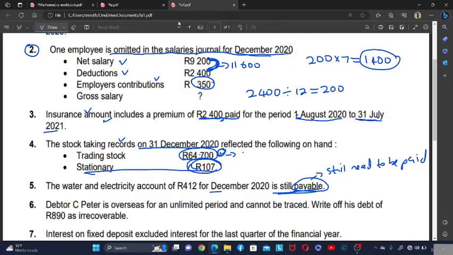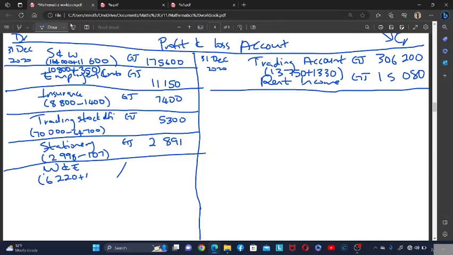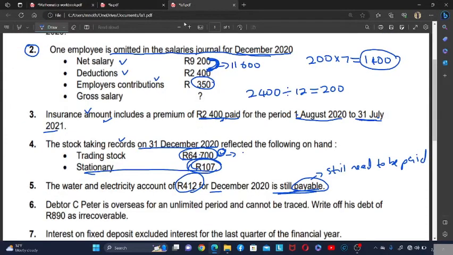So what we have to do is take this 412 and add it to water and electricity, because it belongs in this financial year, even though it still needs to be paid, so we must record it in this financial year.